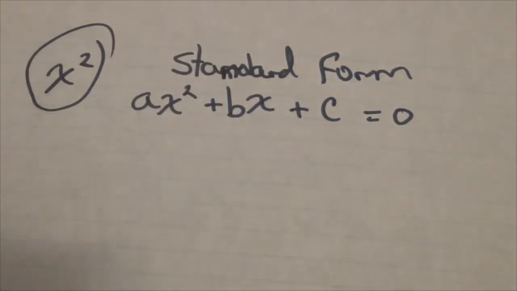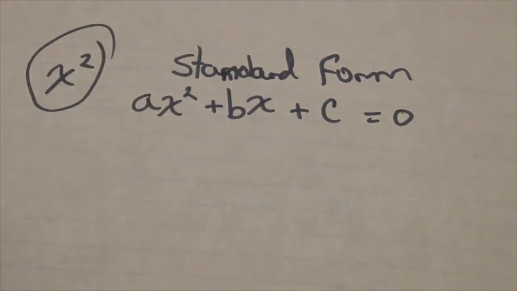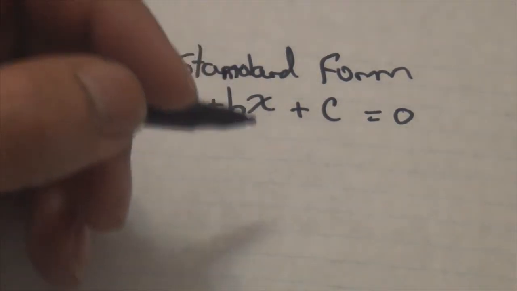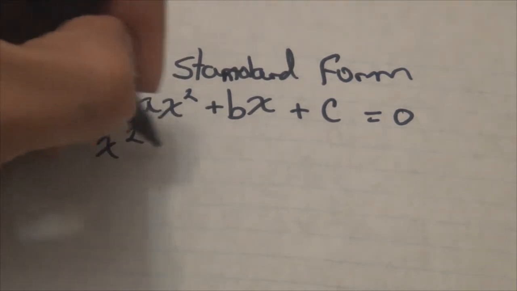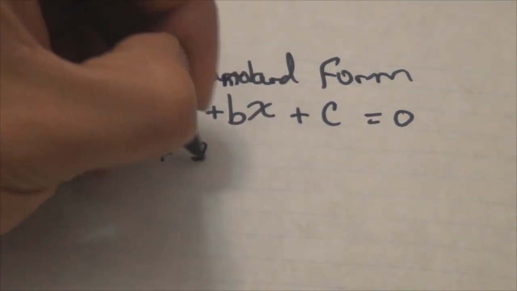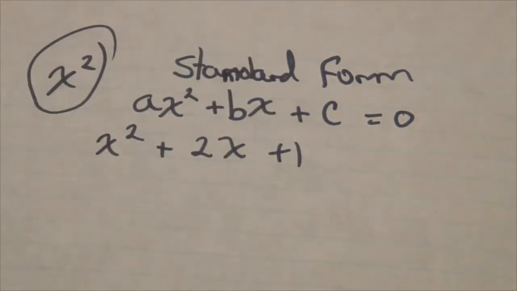These a, b, and c are just numbers. Let me give you an example. So we have, let's say, x squared plus 2x plus 1.